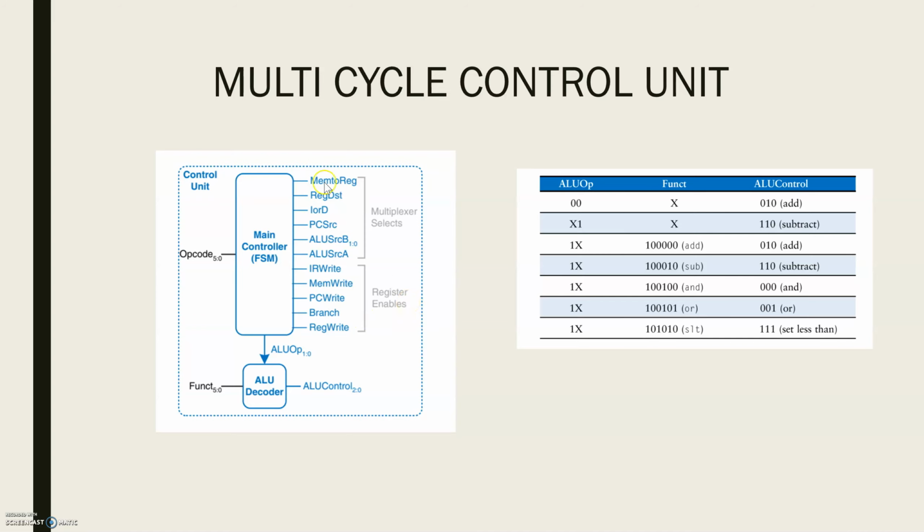The select signals are mem2reg, regDST, IORD, PCSRC, ALUSRC-B and ALUSRC-A. The enable signals are IR-write, mem-write, PC-write, branch and reg-write.